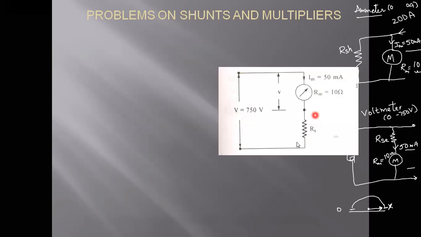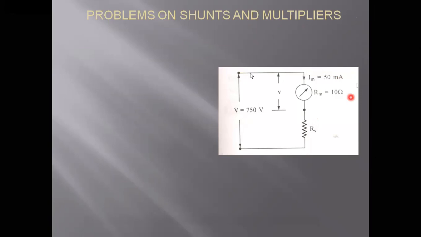So this is the circuit. So Im is equal to 50 milliamperes. Then we want it to measure 750 volts. For that, we have to connect the multiplier. We need to find out how much is the Rs value.